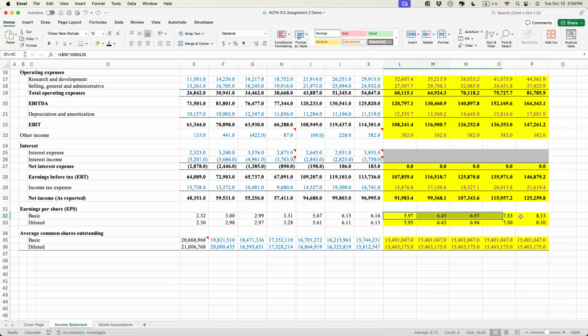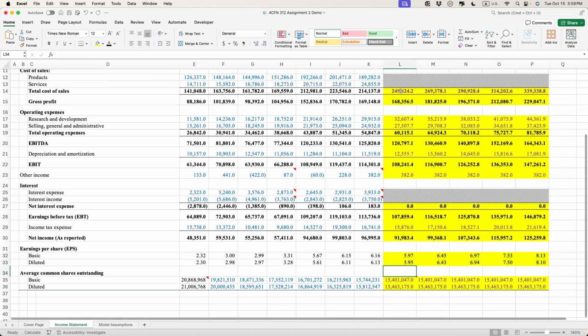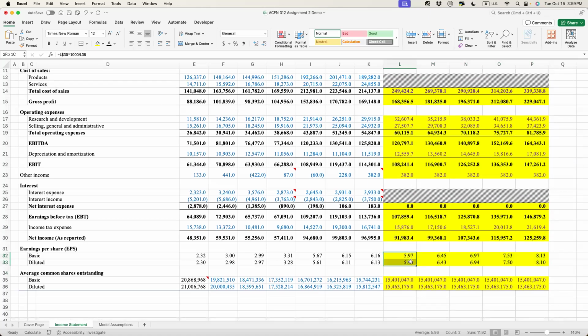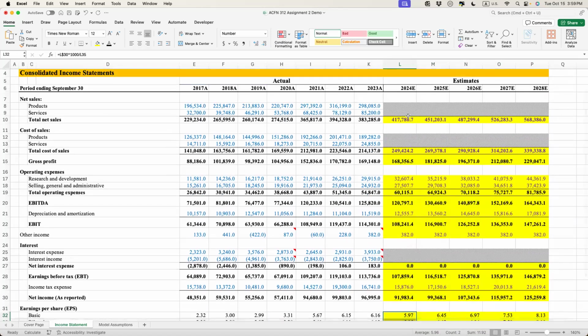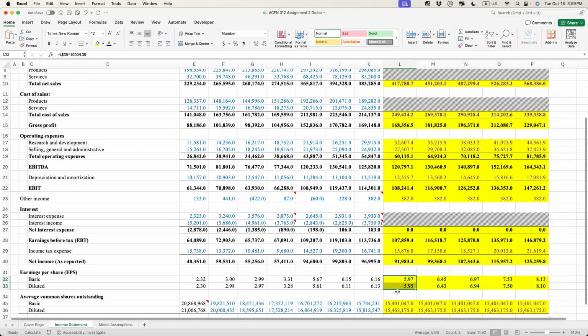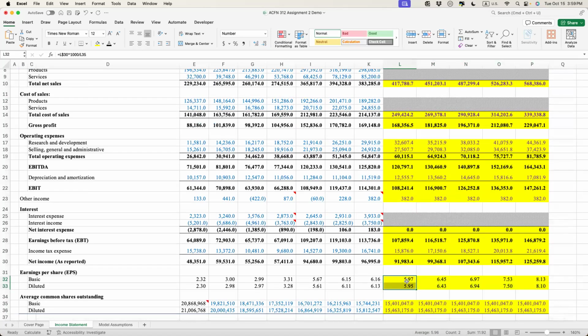So now the number is more reasonable. But again, you do need to justify your assumptions here. Apparently, based on all of the assumptions we made for the model, we end up with an earnings per share which is lower than the previous year. So technically speaking, we need to find some support or evidence, maybe in the 10-K, the guidance file, or the earnings call, where management mentioned that there are some pressures on iPhone sales, which may cause a slightly decreasing earnings per share or profits next year.